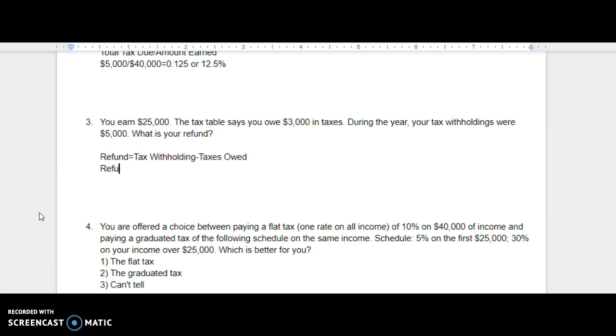So our refund is going to be equal to our tax withholdings, which were $5,000 this year, minus our taxes owed. So we're going to subtract the $3,000 that we actually owed from the $5,000 we actually paid. That means that we paid $2,000 over what we actually owed in taxes. So we'll be receiving that as a refund.